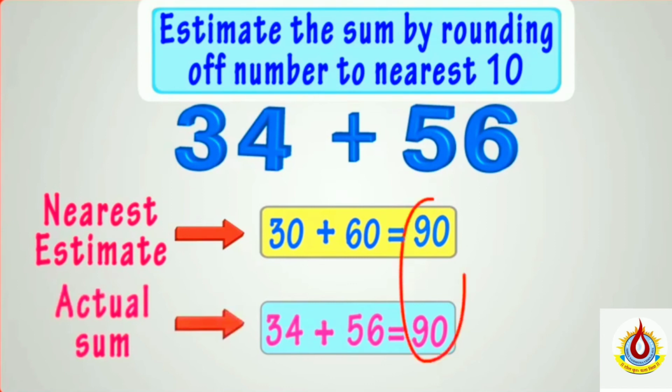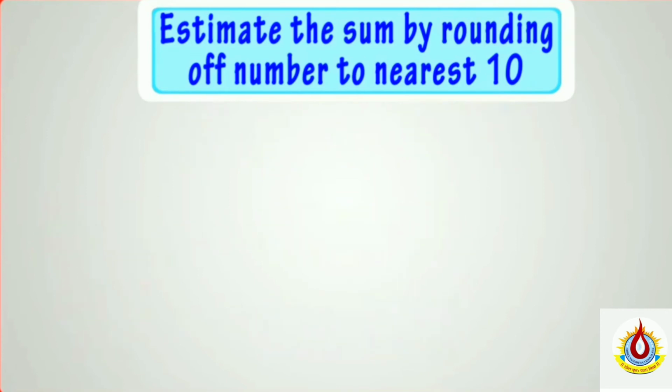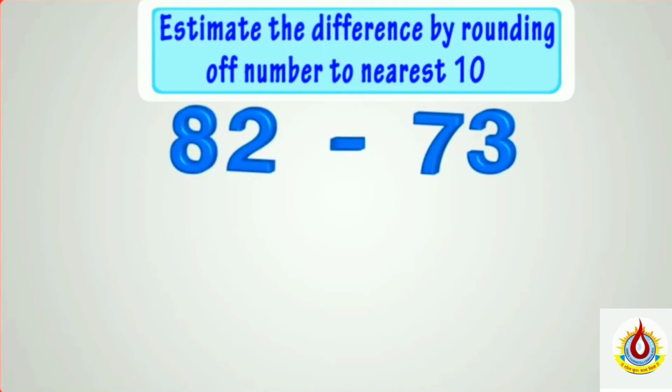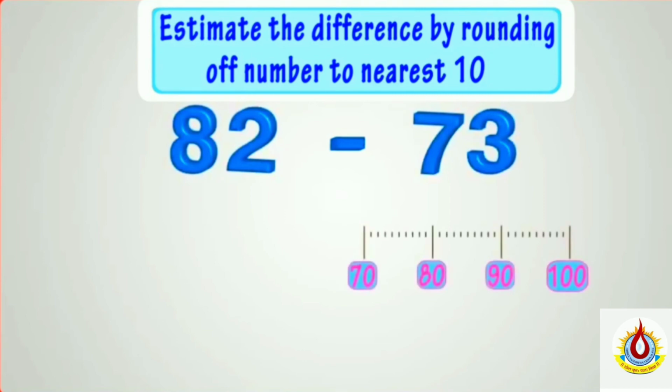Now, let us do some subtraction. Let's take an example. Subtract 73 from 82. First, rounding off 73 to the nearest 10. We must do it on the number line. Let's see. 73 comes between 70 and 80. And as 73 is below the 5 mark, we get the rounded off number, that is 70.